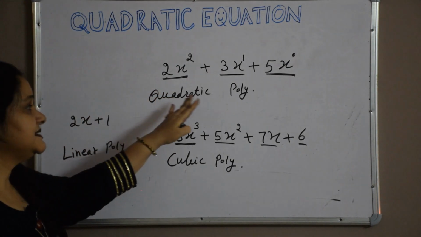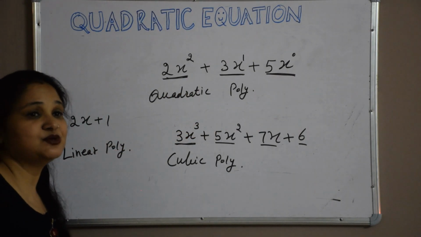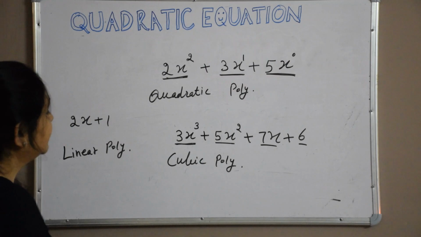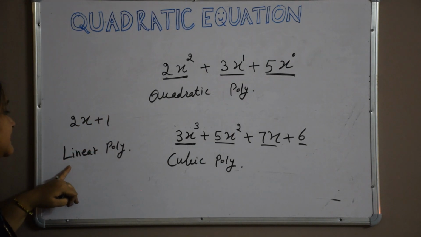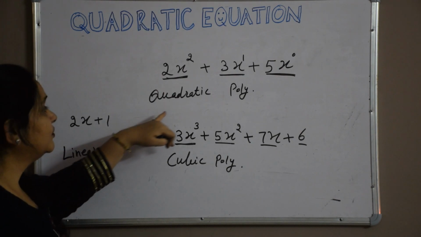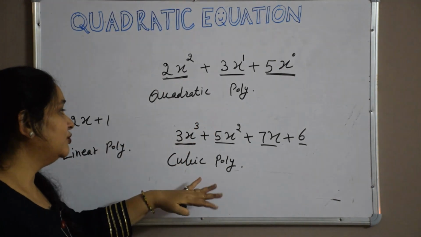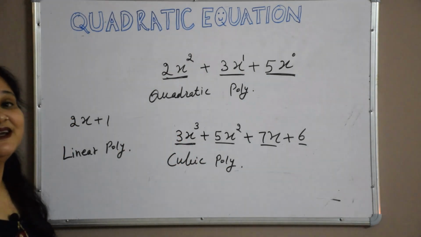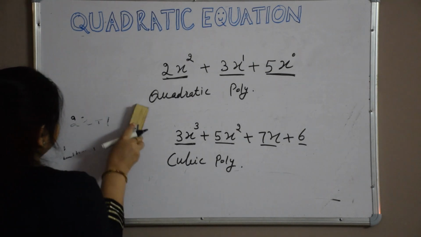I gave you the example of a polynomial of degree n, that was the generalized form also. So there are specific names only up to 4. Linear polynomial means a polynomial of degree 1, quadratic polynomial, degree 2, cubic polynomial, degree 3, and biquadratic, a polynomial of degree 4.